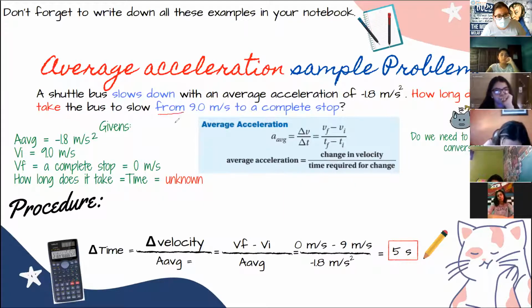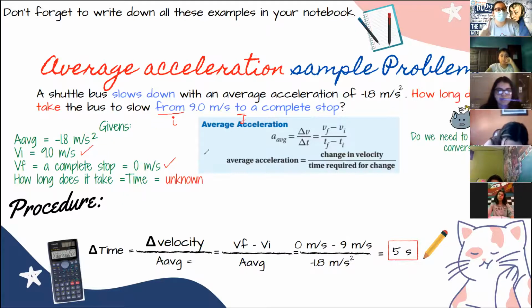When it says from, consider from to be the initial condition of the problem, and to represents a final condition in the problem. So when it says from 9 meters per second, that is going to be our initial condition for velocity. And the final condition is a complete stop. So it's going to be 0 meters per second.